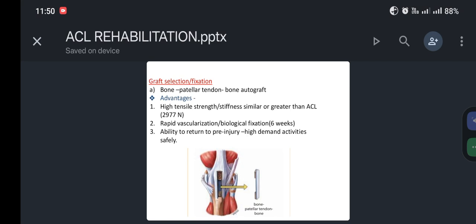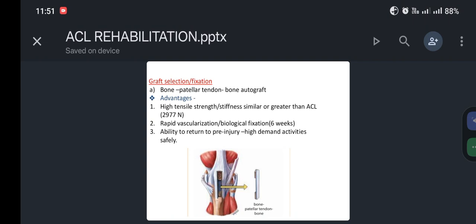So there are two types of graft that can be used during arthroscopic reconstruction surgery of the ACL. First one is the bone patellar tendon bone autograft. There are some advantages of the bone patellar tendon bone autograft. First, it has a high tensile strength and stiffness similar to or greater than the ACL, that is 2977 Newton.